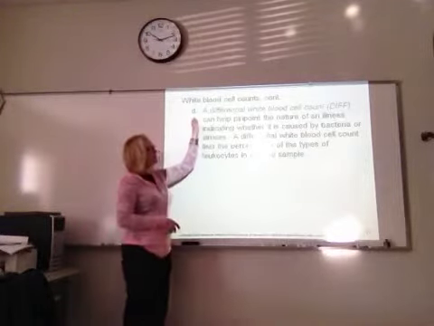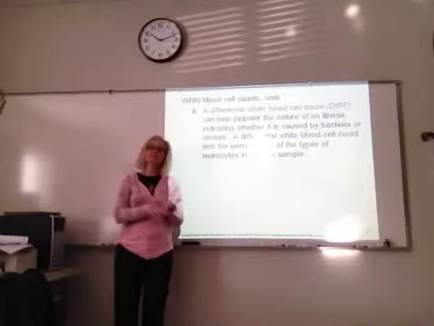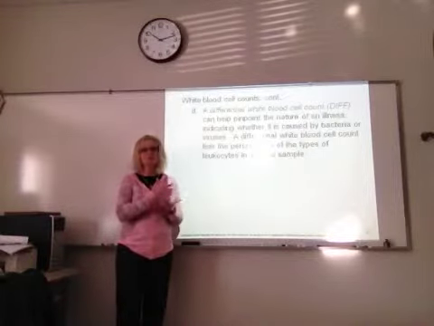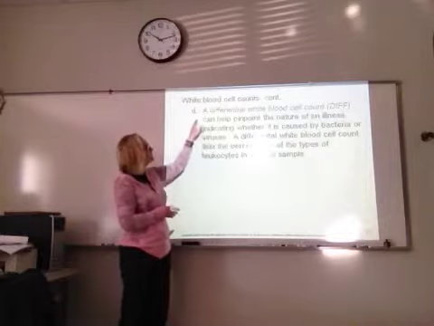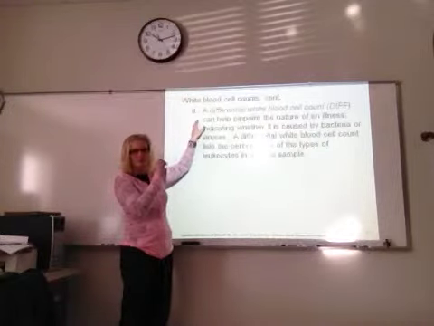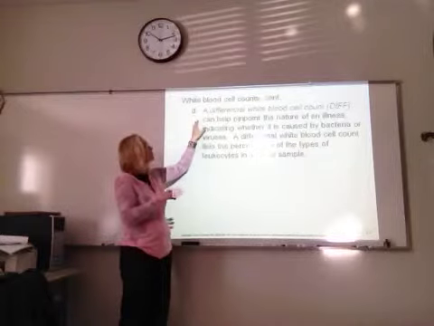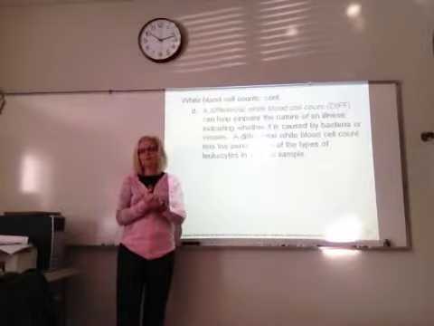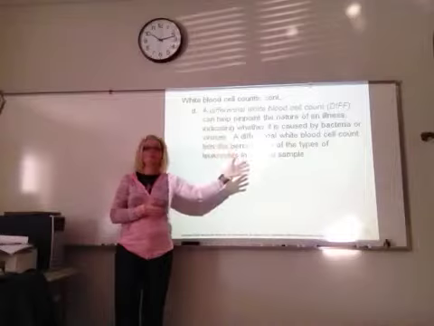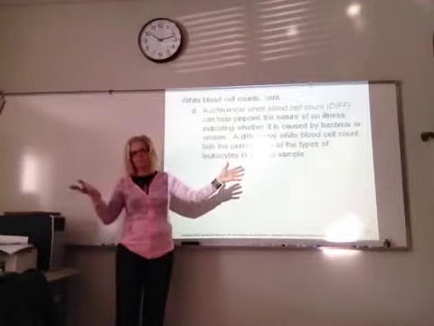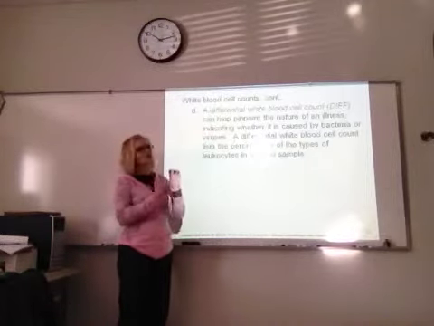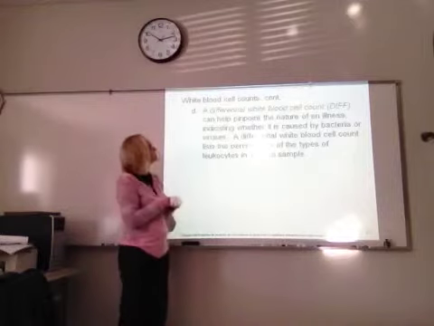Differential white blood cell count: a CBC is sometimes just the control blood panel. Differential means I'm actually going to look at how many neutrophils, how many lymphocytes, how many monocytes. A normal blood cell count will just say you have this many white blood cells, you have this many red blood cells. Differential actually splits them into categories.